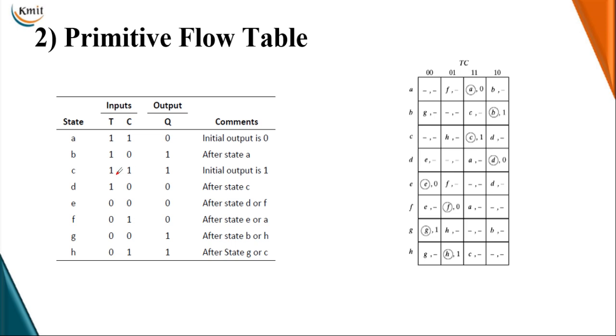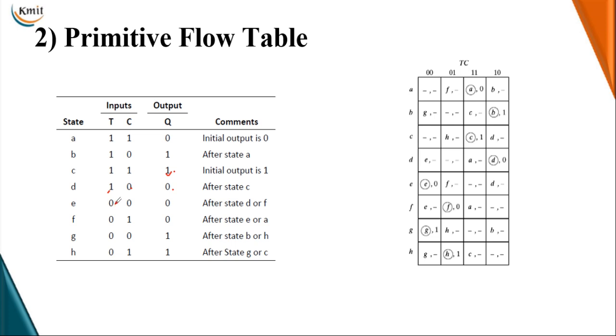Next, when clock is 1 and T input is 1, it may not be triggered. When it is not triggered, the previous state is continued as the next state. When toggle is 0, the previous state is 1. Next, since T input is 1, the output of the flip-flop will toggle to logic 0.